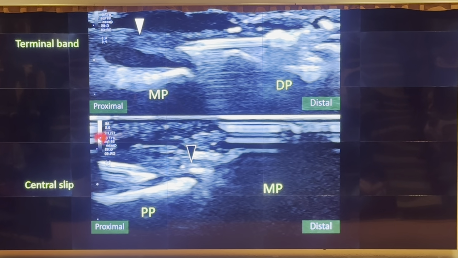But for the central slip, because there is no artery above it, I inject from the proximal side to the distal side, injecting the insertion of the central slip at the base of the middle phalanx. In this case, I used PRP to treat the partial tear of the extensor tendon.